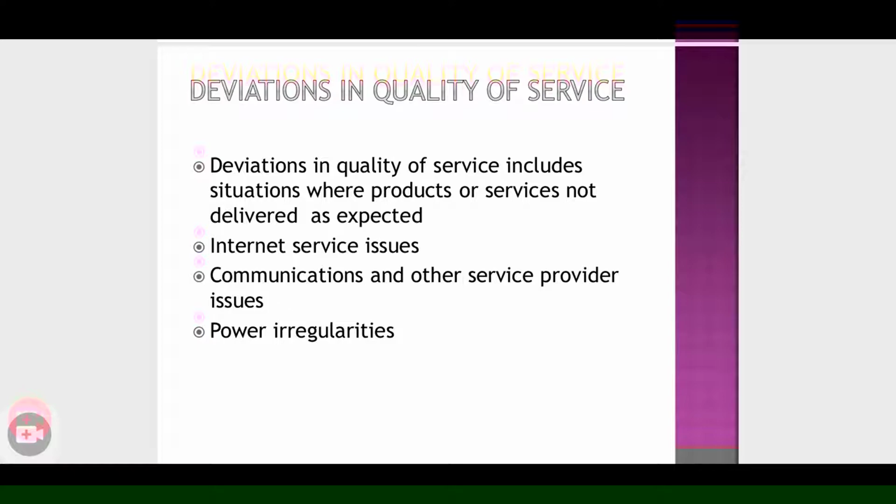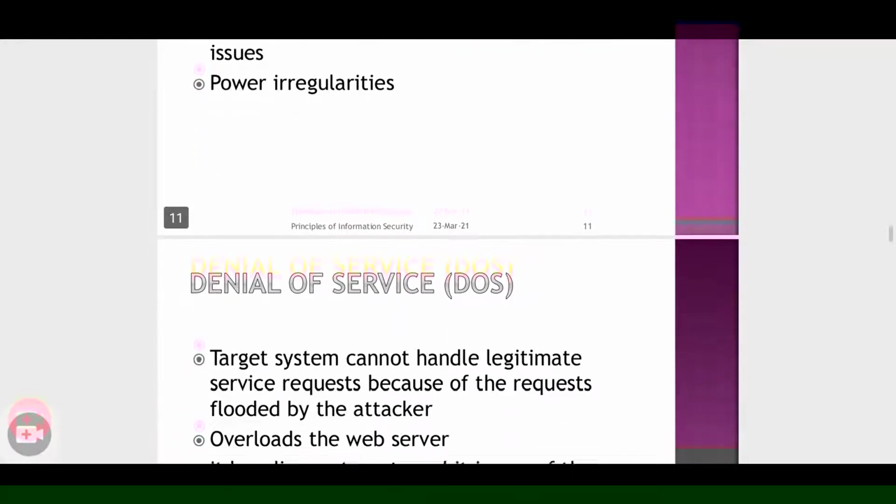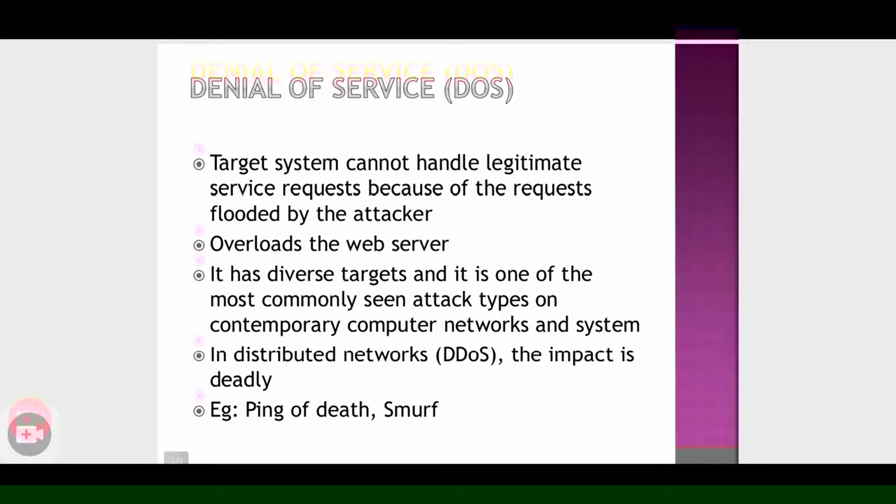Due to some internet service issues, or communications and other service provider issues, or power irregularities, there is a deviation in quality of service. Denial of service is an example of deviation in quality of services.